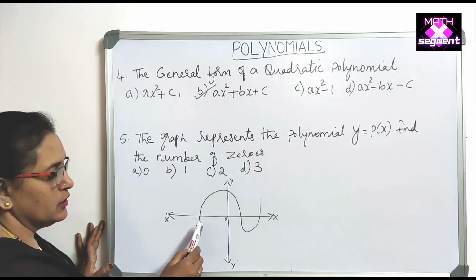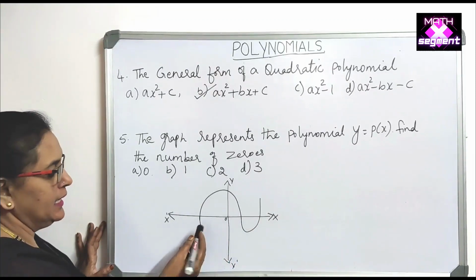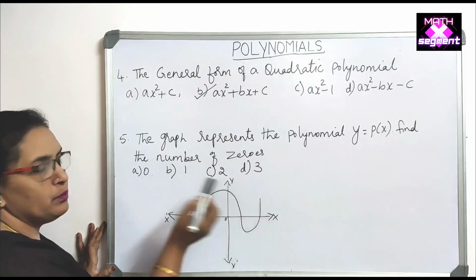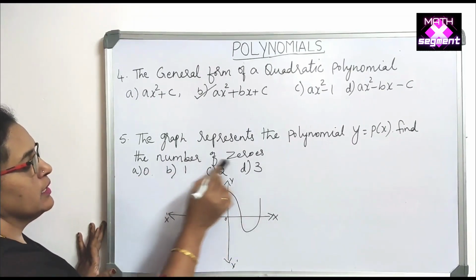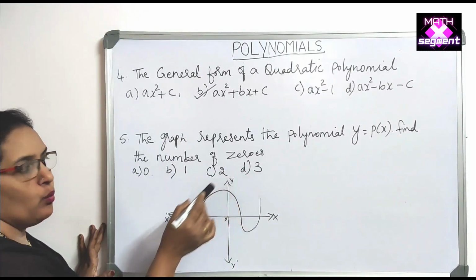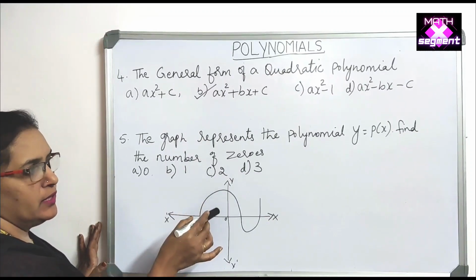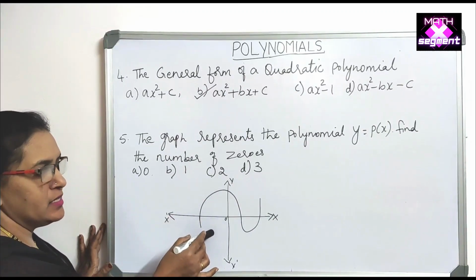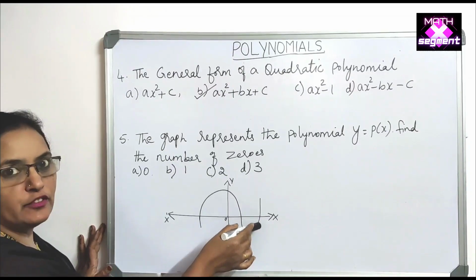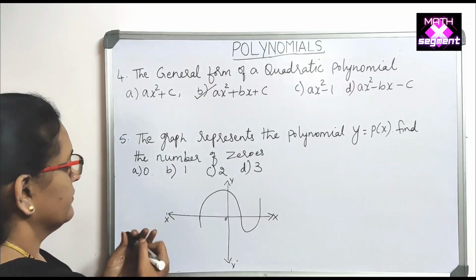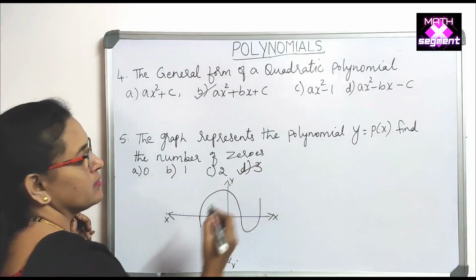So here in this question, the graph is intersecting at 1, 2, 3 points. So that means the number of zeros is 3. If they ask you the reason, then we can tell that the graph intersects the x-axis at 3 different points. So that is why D is 3.